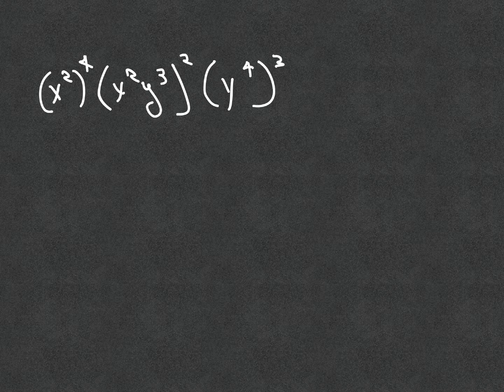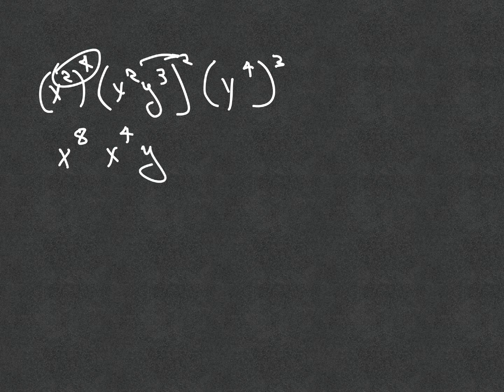Now notice that each one of these pieces here has my exponents at different levels. So that means I'm going to multiply. And I'm going to look at each one of these. So I'm going to multiply the x squared times 2 and the y cubed times 2. And then my y to the 4th, I'm going to multiply by 3 and get 12.